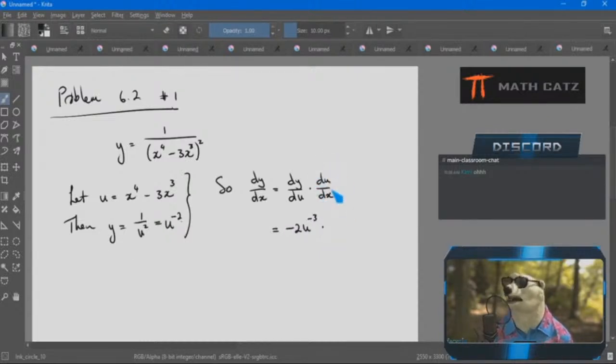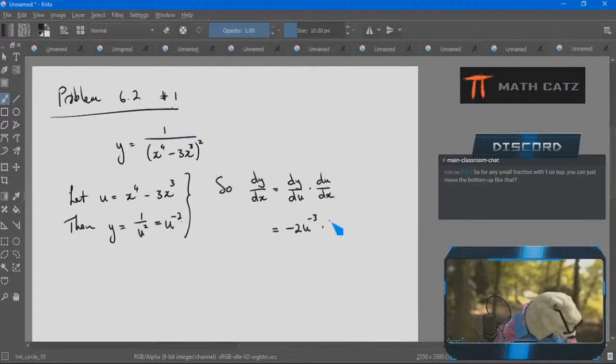So now the second part of the chain rule says multiply with the derivative of u as a function of x. That's the first line here, where u is a function of x. Let's check here. So for any small fraction with 1 on top, you can just move the bottom up like that. Absolutely, I can. Yes.